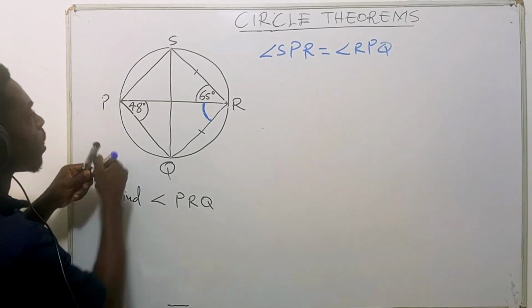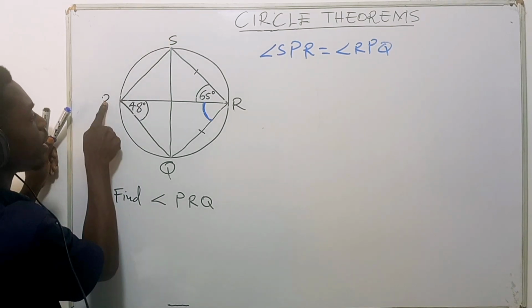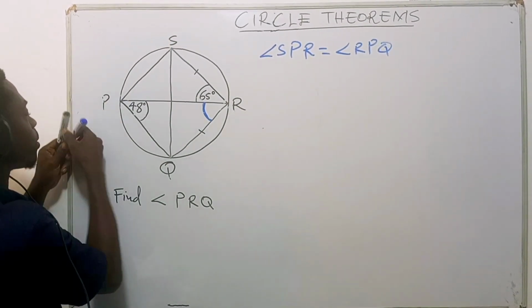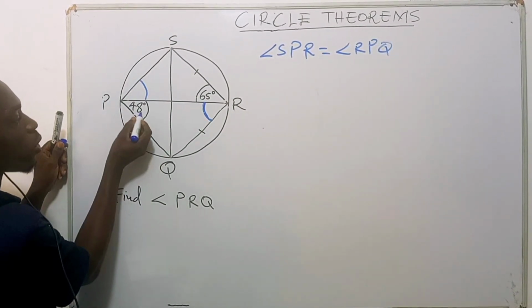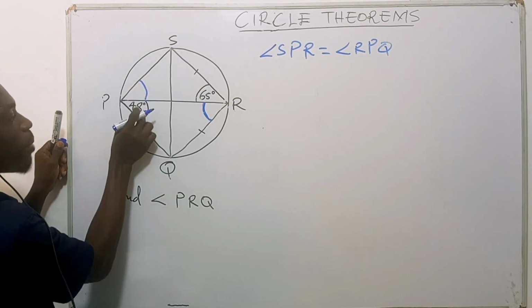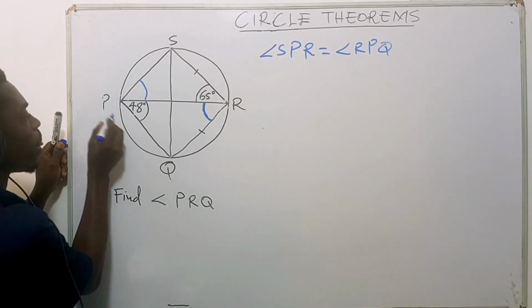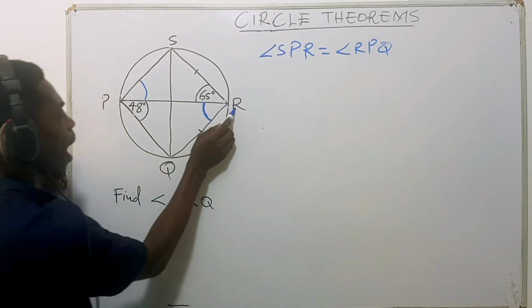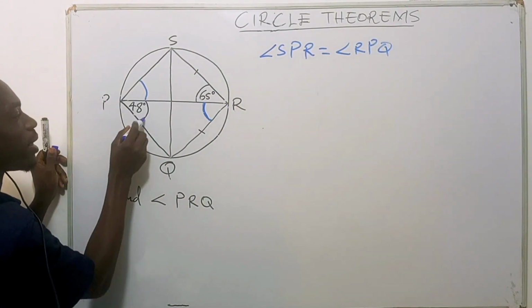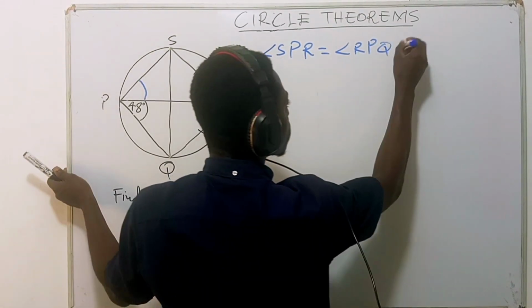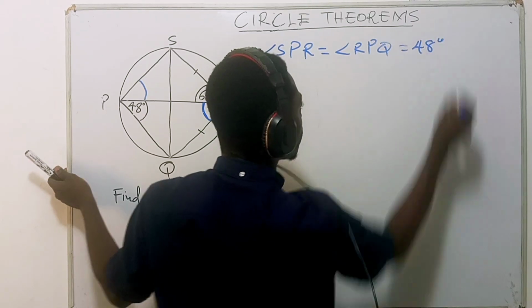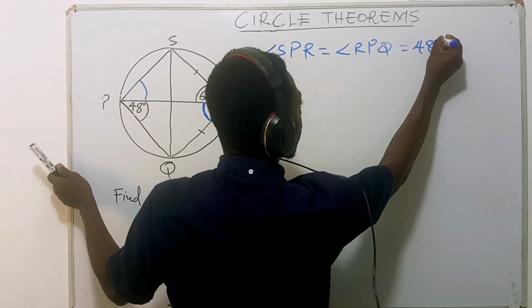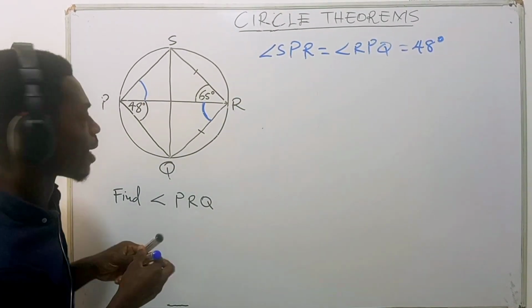So SPR, meaning this angle over here, should be equal to this angle because they were all formed by equal chords, all right? So it is equal to angle RPQ, meaning this angle. So they are the same. And it is what? 48 degrees. Yeah, as simple as that.